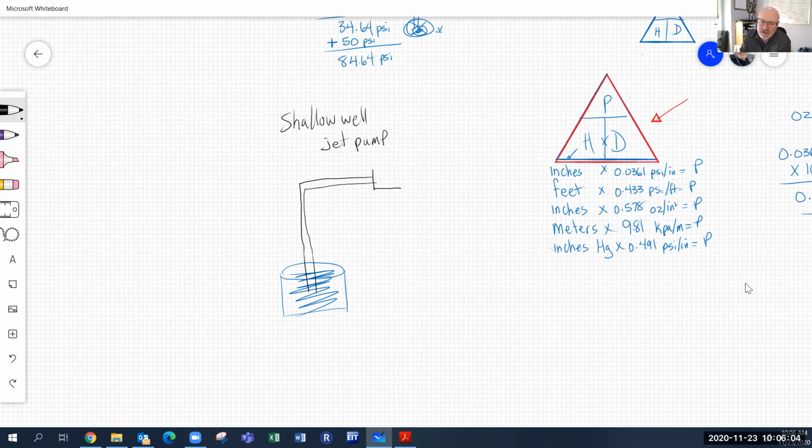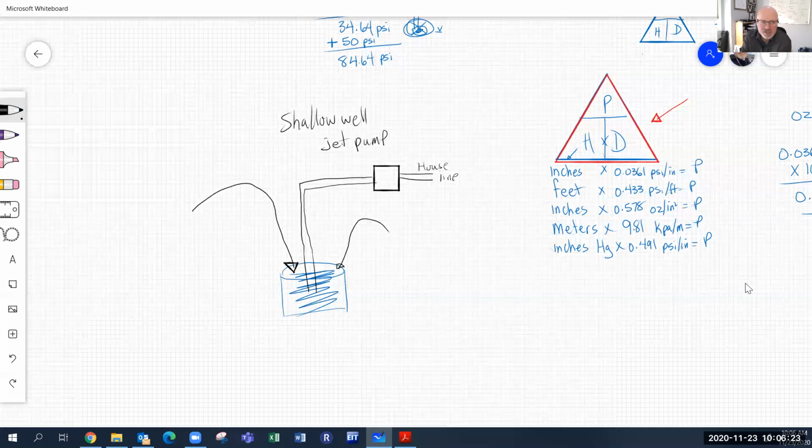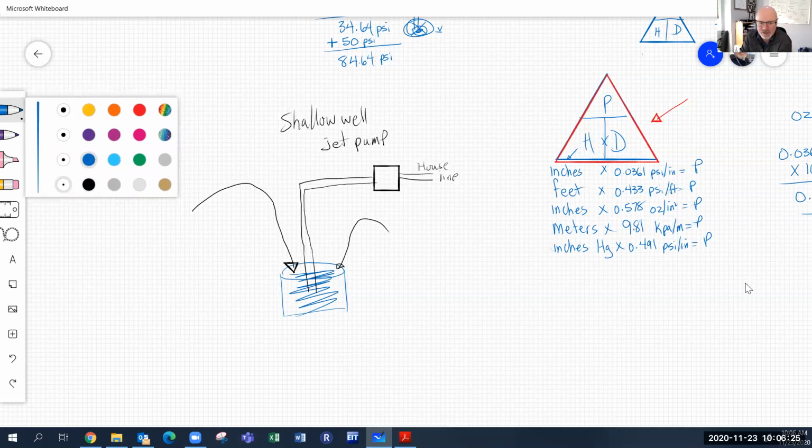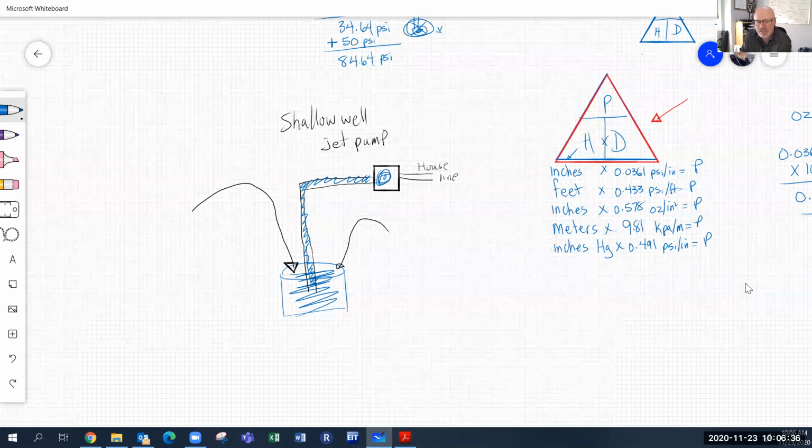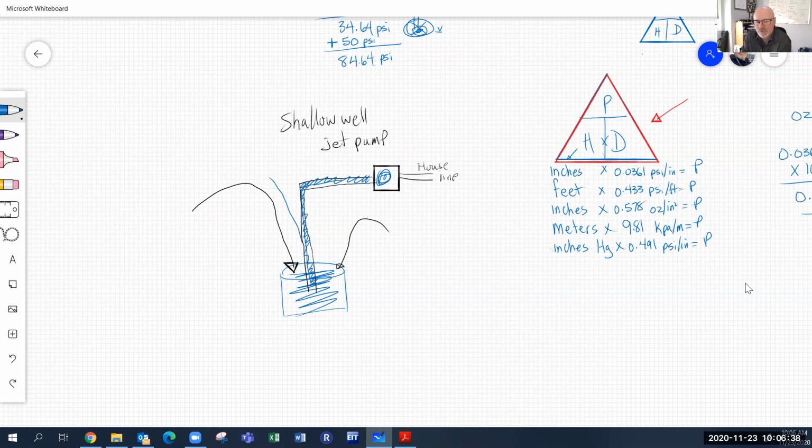How we suck that water up into this pump to go into my house line is that atmospheric pressure is pushing downward on that fluid. So we're able to physically suck it up a pipeline using an impeller that's in there, but it's atmospheric pressure that's pushing down on this water.